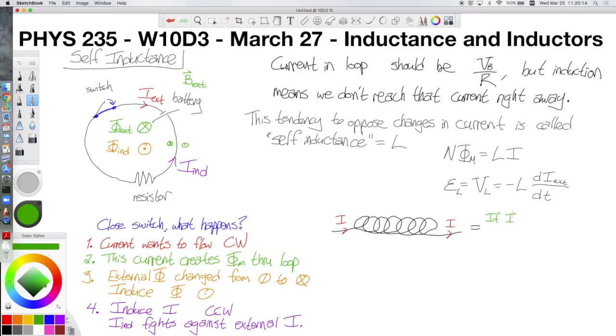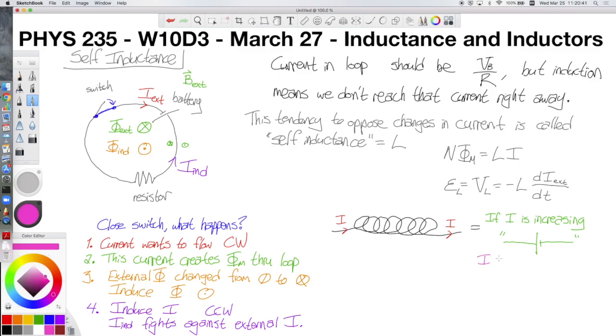So if this current is increasing, or trying to increase, the inductor will want to oppose this change, and it will induce current to the left. So if the current is increasing, this inductor will act like a battery facing against the direction of current flow.